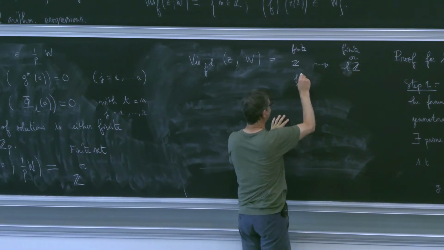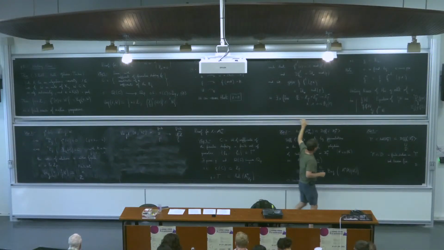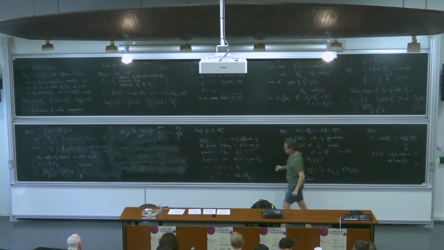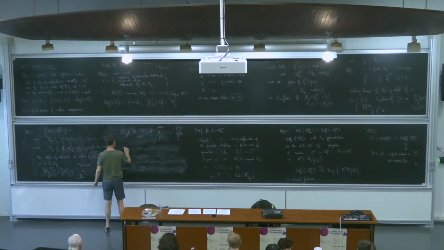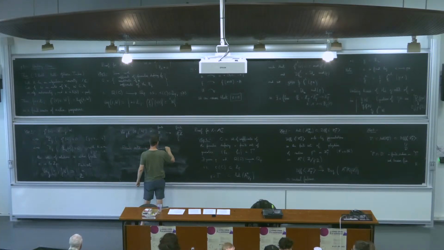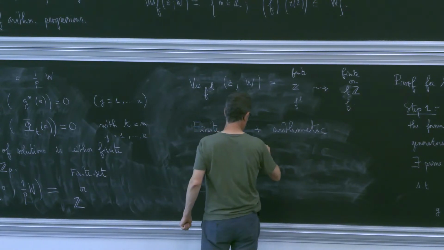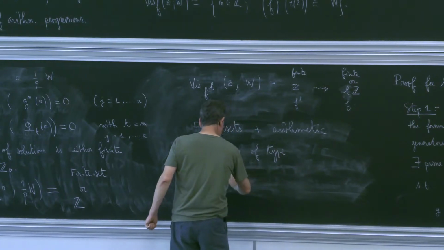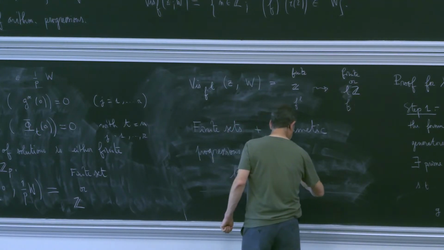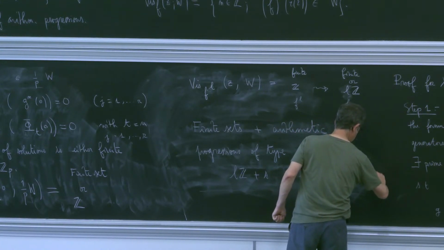Here it's for the dynamics of FL, here it's the dynamics of F. And now you have to do it for all these subvarieties, and then you get finite sets plus arithmetic progressions of type LZ plus S for some S between 0 and L minus 1.